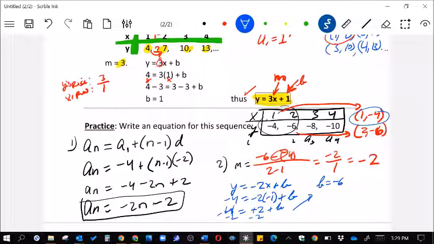Uh-oh, something's off. I'm supposed to get a negative 2. So negative 2x plus b, putting in the 1 and the negative 4. Oh, I see what it is. Over here, I made that mark as if it was a negative 1, but it's not. It's a plus 1. So let's make that a plus.